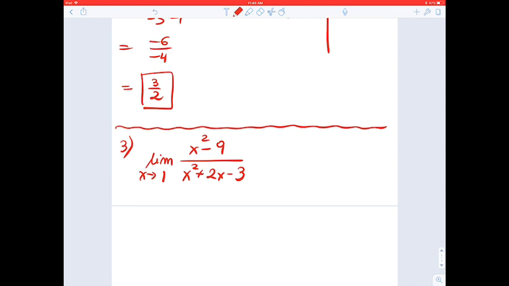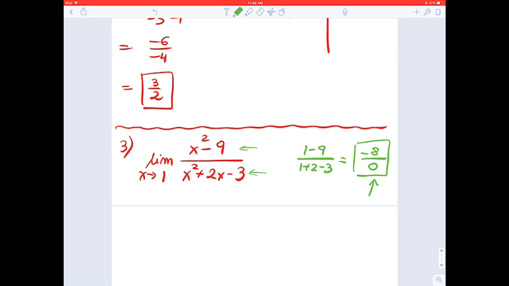That means what's happened? Direct substitution will tell me 1 minus 9, 1 plus 2 minus 3, -8 over 0. Okay, that means again it's an undefined form, but now this output, this quantity -8 over 0, is not telling me that the polynomials from the top and from the bottom have a common factor.